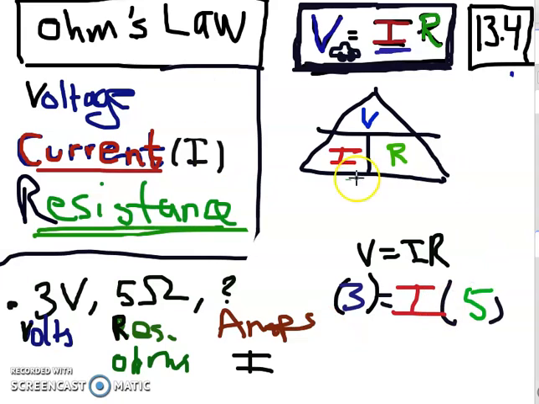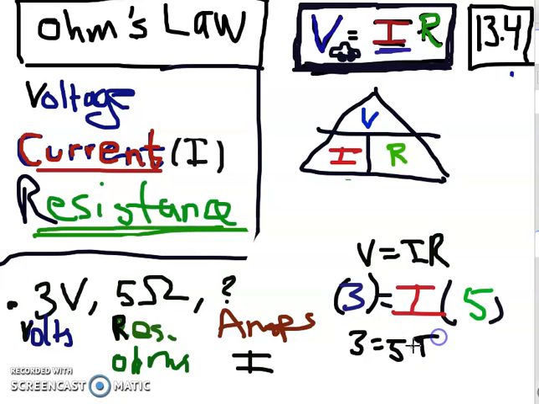So this is what I was saying about some algebra involved. Now, you can see from this what we have is 3 equals I. X in algebra is often the letter you use, but in this case it's I, something we don't know. It's a number though. And it's multiplied by 5, so 5I.